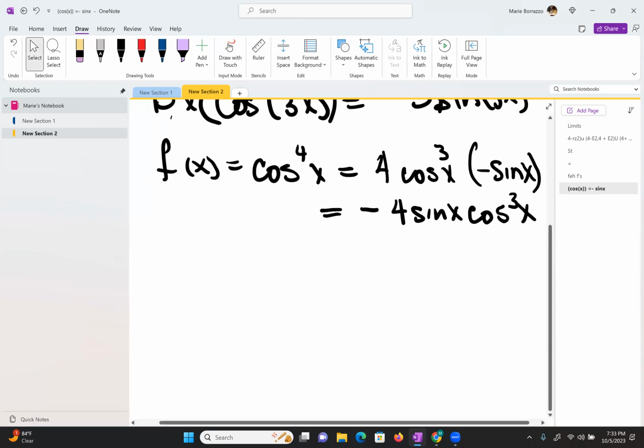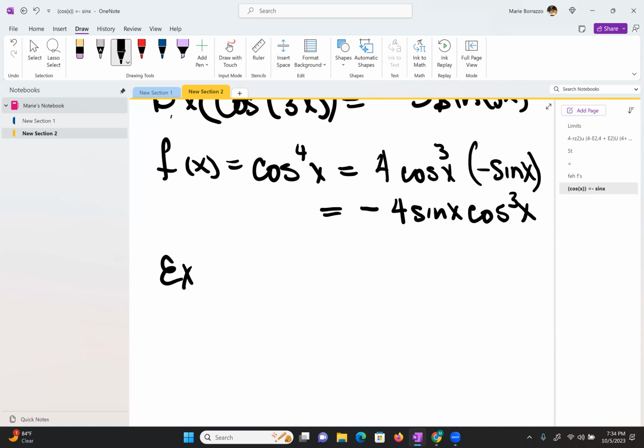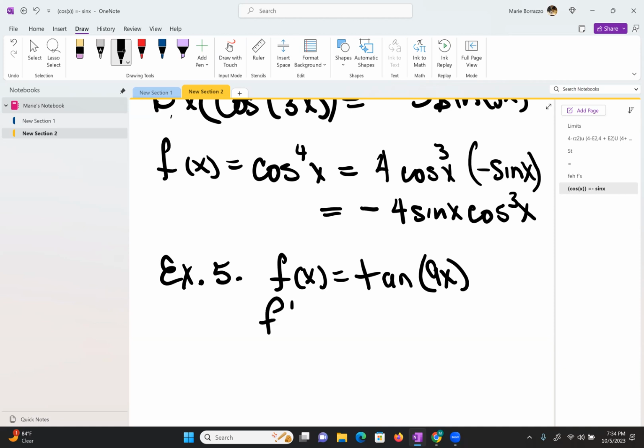Now, the one that's going to throw you for a bit of a loop is example 5. Example 5 covers the derivatives of tan and cotan. Let's look at some examples. If I said to you, I have a function equal to tan of 9x, find the first derivative.